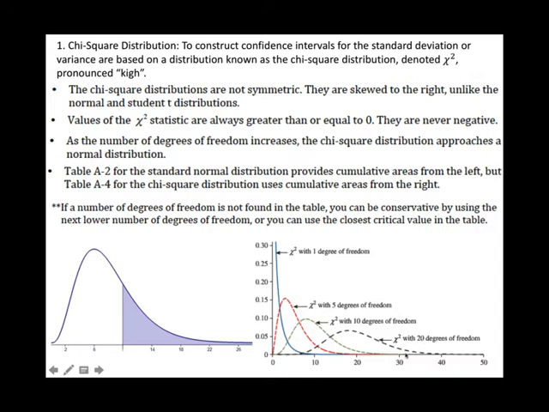If you keep increasing the sample size, the distribution is going to look like the normal distribution. For this session, we'll use Table A4 to find the critical values. You can also use the calculator, but that will be in another video.